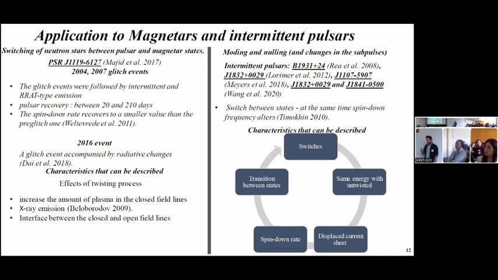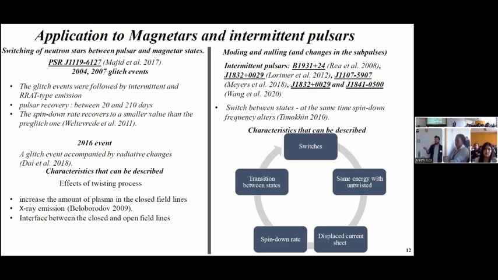The twist has three effects. First, it produces currents at the region of the closed magnetic field lines. Second, the displacement of the current sheet and the enlargement of the polar caps. When the current at the region of the closed lines increases, then we have an increase of the amount of plasma in the closed lines, and some particles may bombard the surface of the star and lead to X-ray emission.